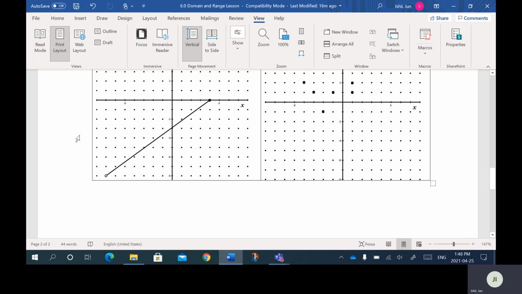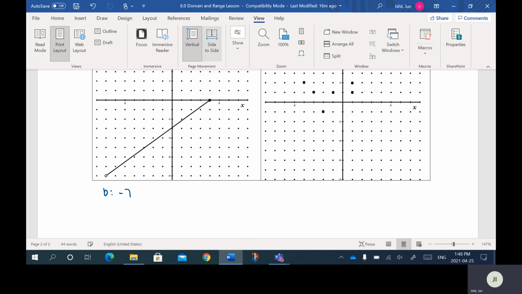All right, so the domain in this case, this value here is at -7. So going left to right, it's going to be between -7 and then the function stops here at +4.